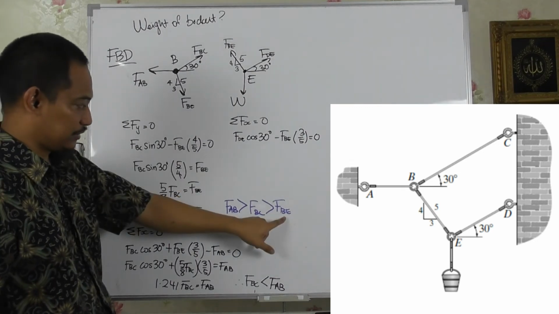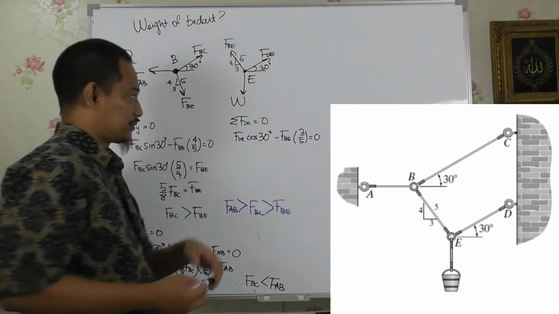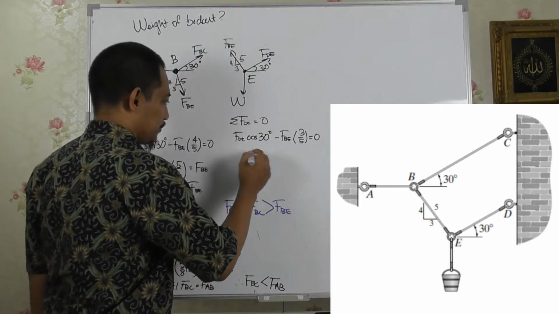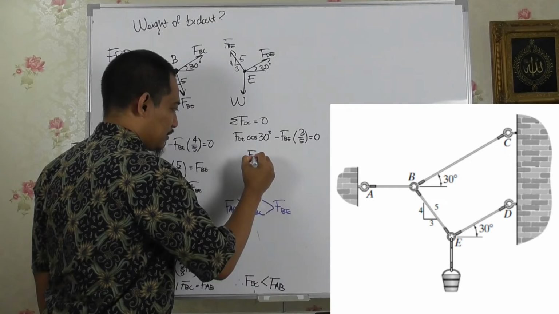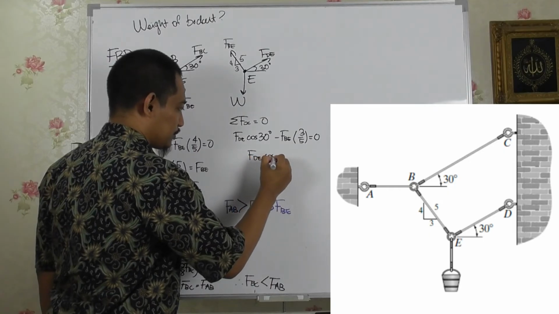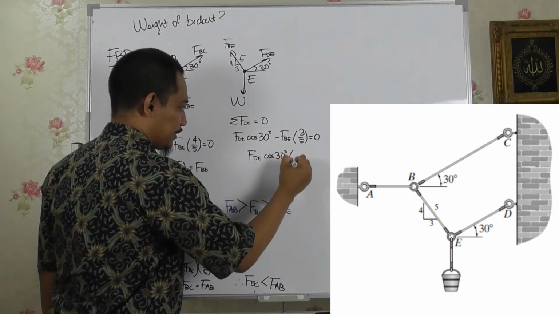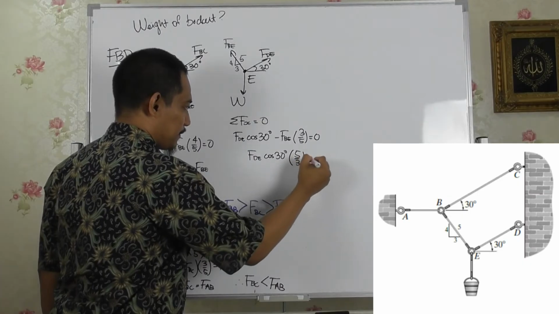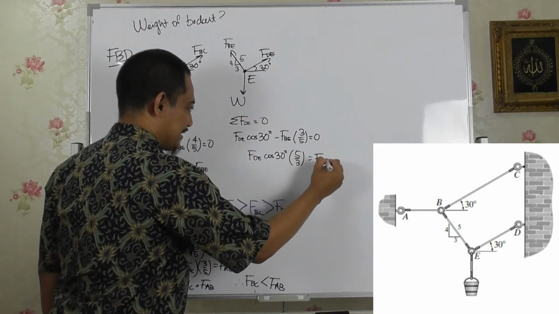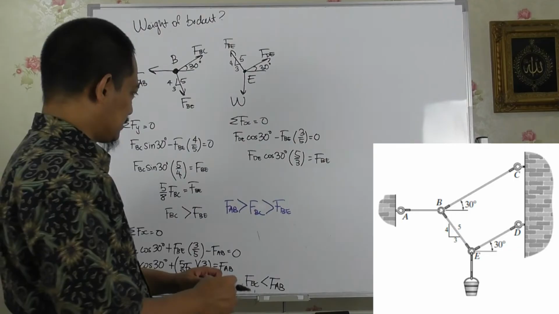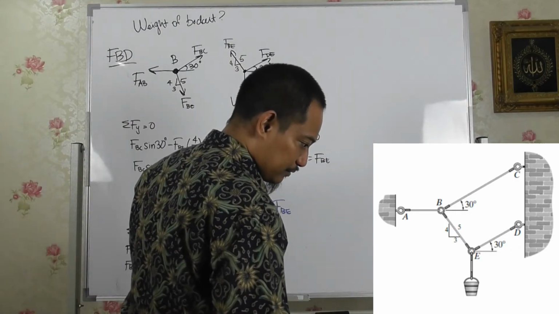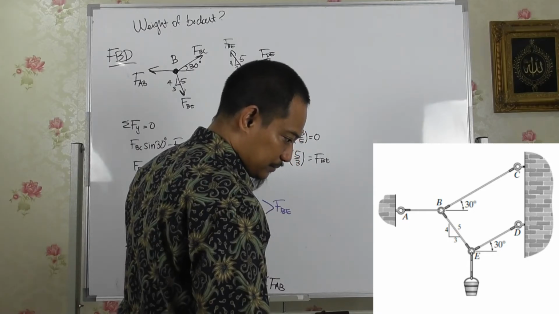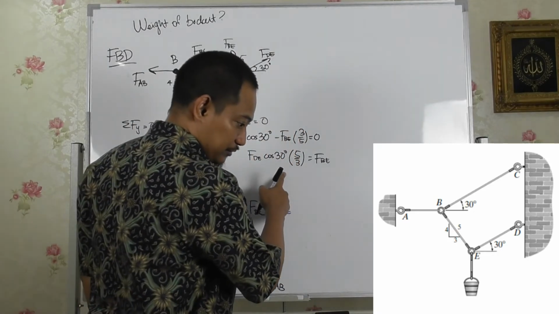FBE is already the smaller one. But let's just compare this relationship first. So if we compare this, we will get FDE cos 30 degrees, and then 5/3 equal to FBE.